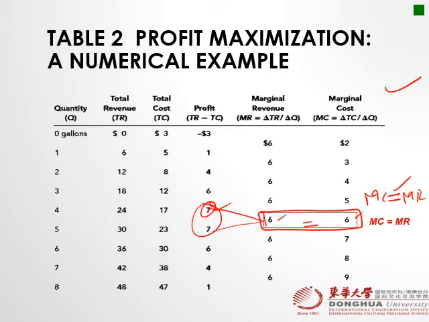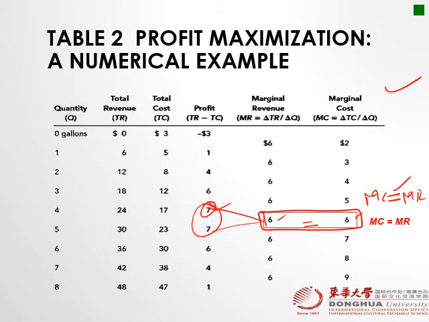How can we find the marginal revenue? The marginal revenue formula is change in total revenue divided by change in quantity. Or if the firm is a competitive firm, then AR is equal to MR. It means if you divide the total revenue by the quantity, then you can find the marginal revenue.